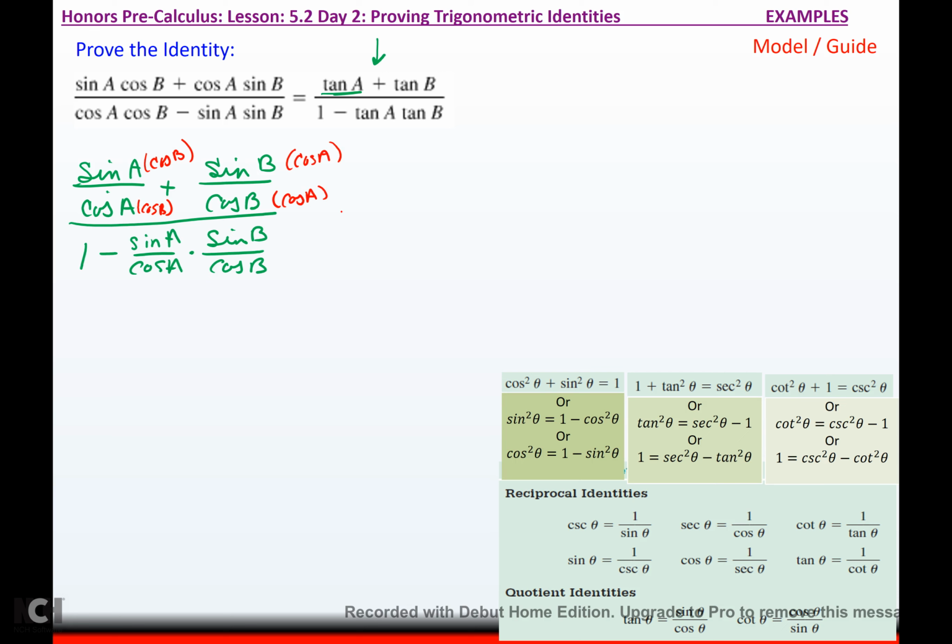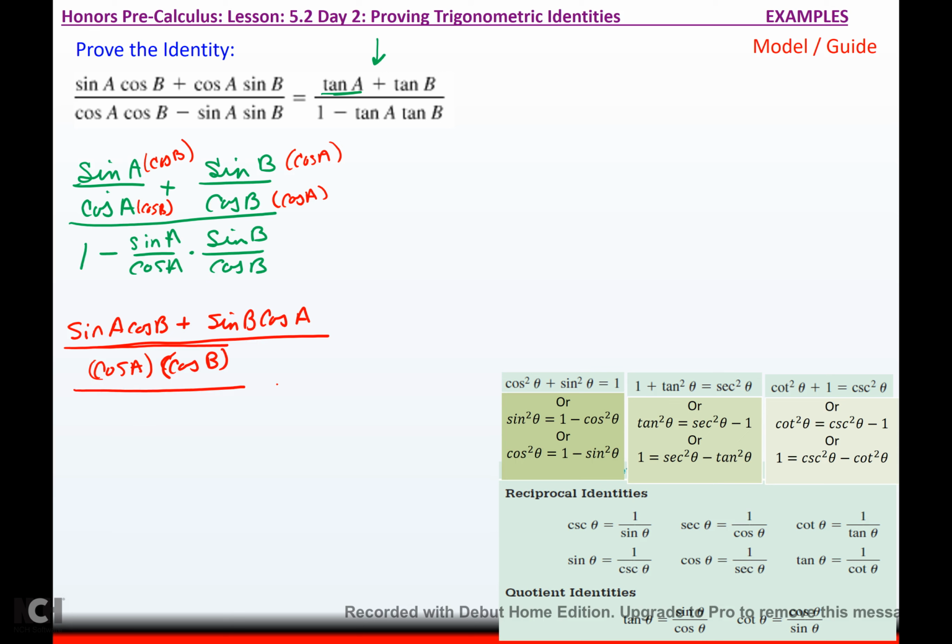So on top, I can keep the denominator now, which is going to be cosine A times cosine B. And on top, I'm going to have sine A cosine B plus sine B cosine A. Alright, now where am I going to go from there?